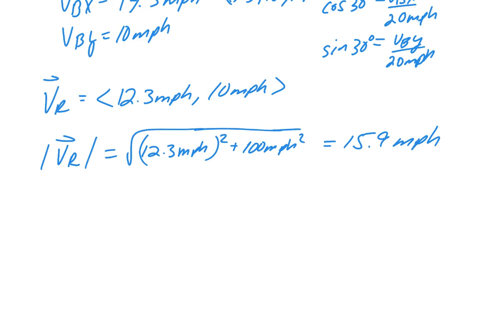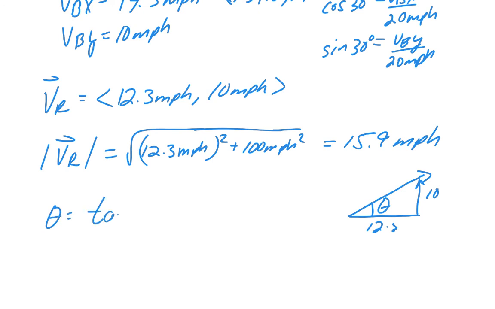Then I can look at the angle. To find that, I usually like to draw the resultant vector just so that I have some idea of what the direction is going to look like. When I see 12.3 miles per hour in the x and 10 miles per hour in the y, I know it's going to be a little bigger in the x than the y, so I draw something like that. This was my 12.3, this was my 10, and this is the angle I want to find.